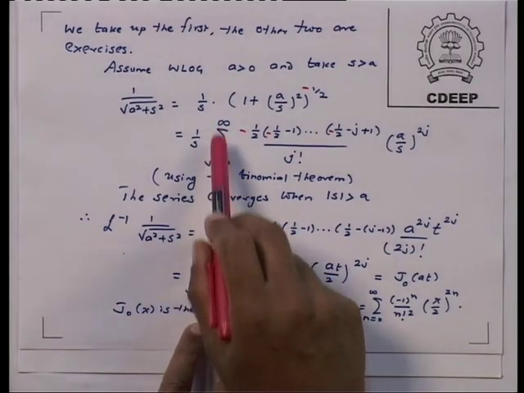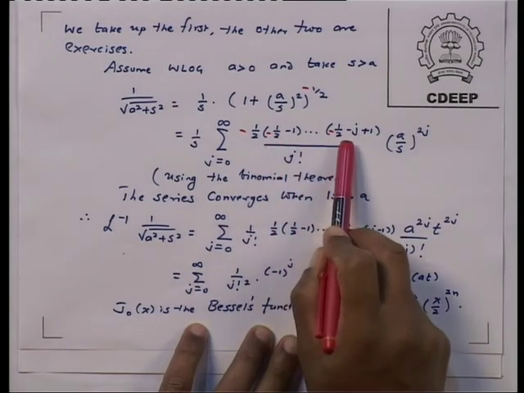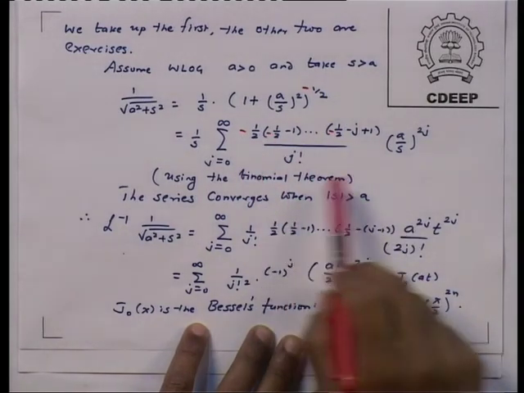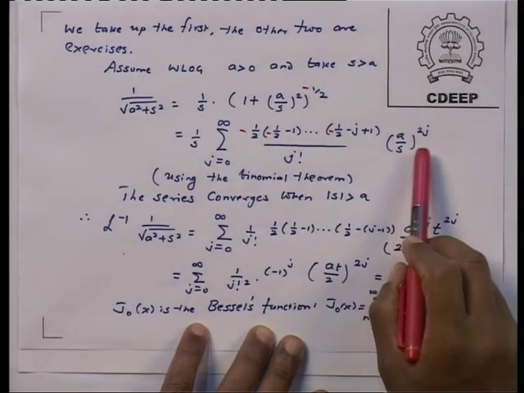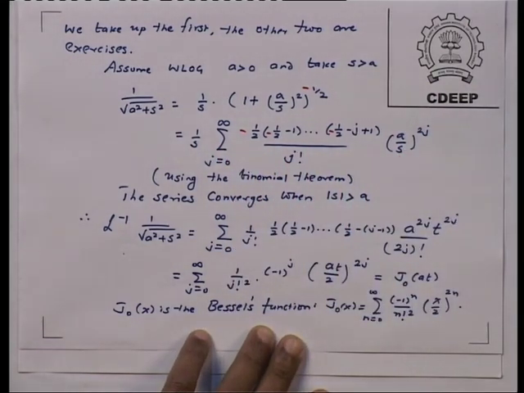Alpha into alpha minus 1 into etc. alpha minus j minus 1 upon j factorial, into a by s to the power 2j. This is a binomial theorem expansion.